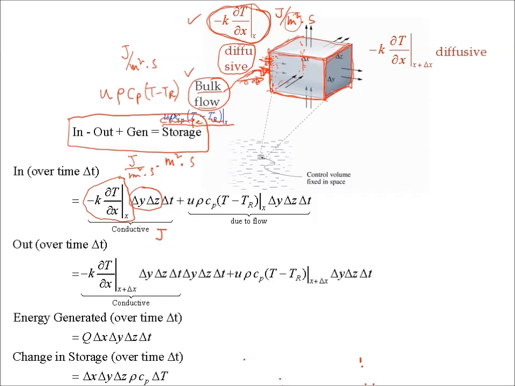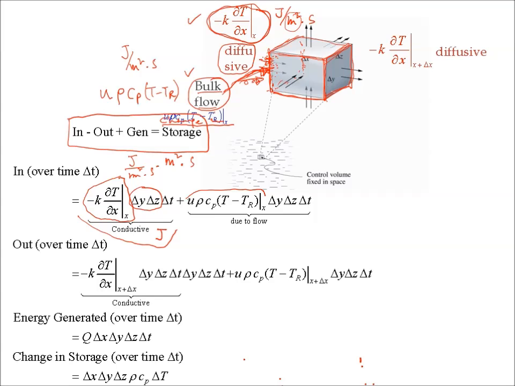We just saw the part due to conduction, and let's make sure we also have the flow. So this is my flux of energy due to flow, and that's how much energy is coming in because of the bulk movement of air.